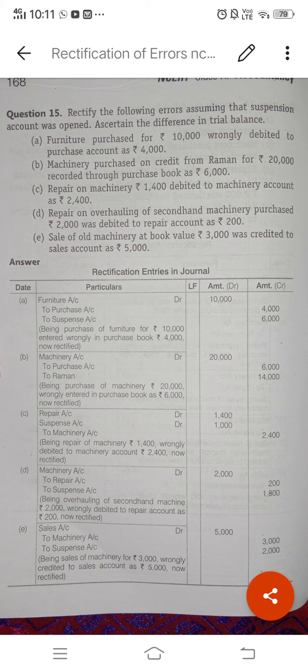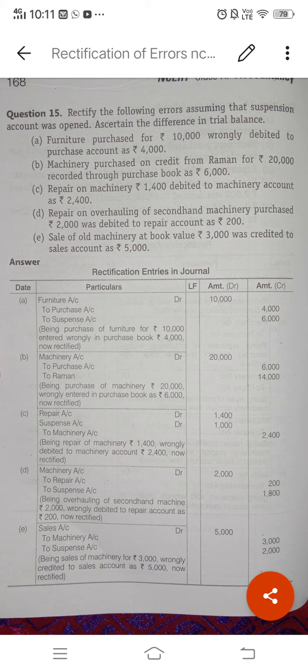Okay, so there is excess debit balance in machinery account with 2,400. So in order to cancel the excess debit of 2,400, we have to credit the machinery account with 2,400. What is the correct debit?